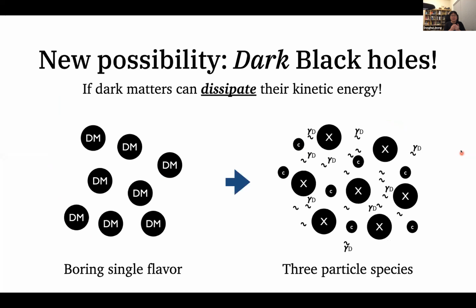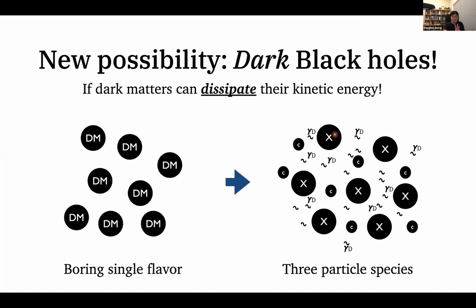So the simplistic picture, although it doesn't have to be this way, any dissipative dark matter model can work here, but the simple working model that we use is the following. Instead of a single flavor of dark matter particle, we introduce some features in the dark sector. So dark matter now has 3 different particle species.